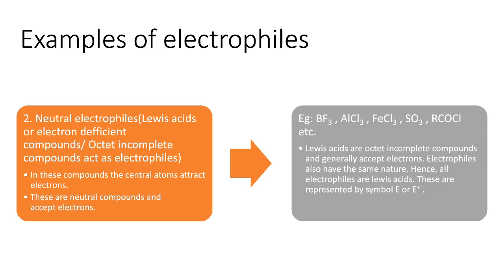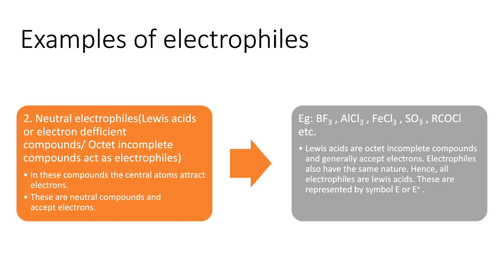As boron has 6 electrons, it is electron deficient because the octet, which means 8 electrons, is incomplete. It has 2 electrons less than the octet. Because of that, BF3 acts as an electrophile, which is a neutral molecule.